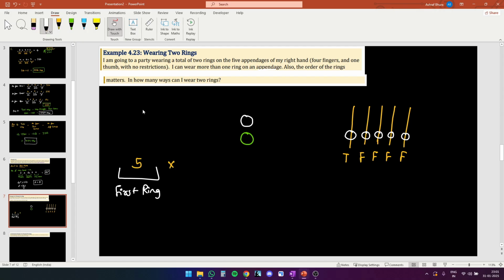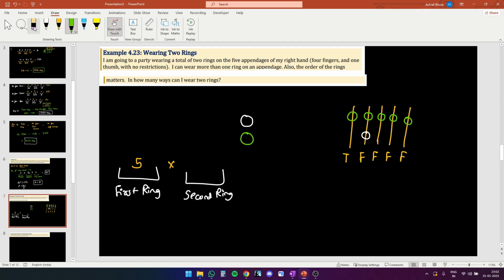Okay, what about second ring? Let's find out. For second ring, let's say out of these 5 choices, I selected one of them. I selected it on the first finger. So for second ring, can I say I can have different choices 1, 2, 3, 4, 5. These are the 5 different choices.